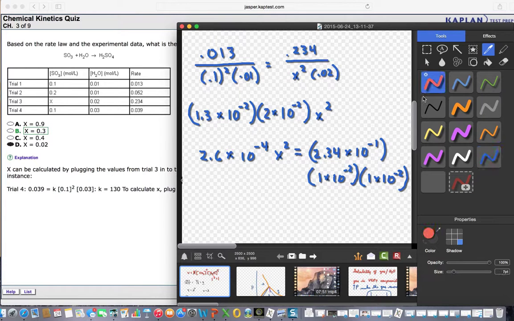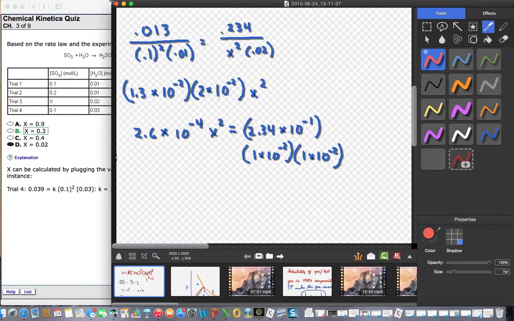So simplifying this just a bit, we have 2.6 times 10 to the minus 4 X squared equals 2.34 times 10 to the minus 6.